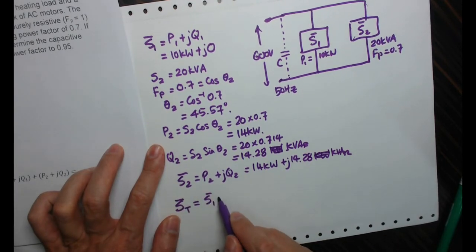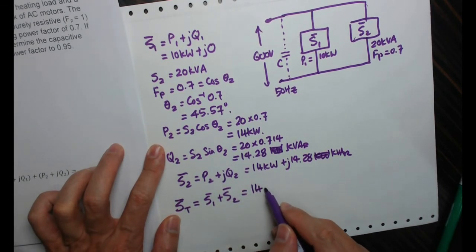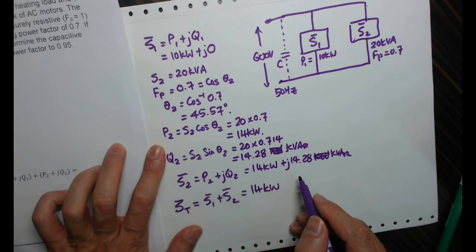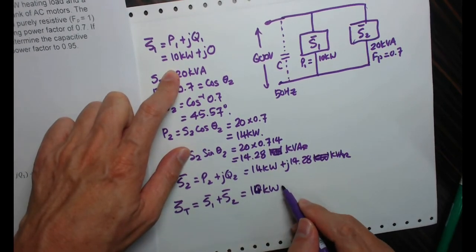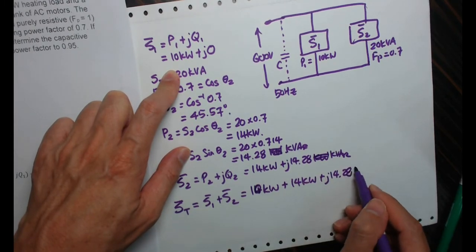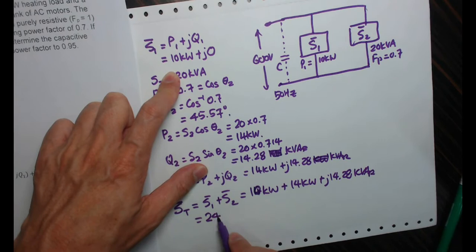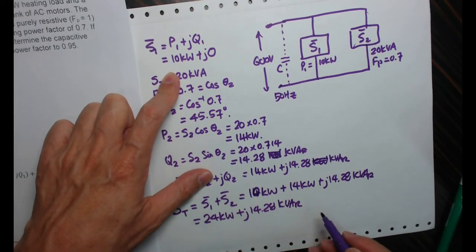So the first thing we need to do is add up the total apparent power, or total power, right? So I have S1 plus S2, which is, sorry, the first one is 10 kilowatt. Now here is 10 kilowatts. 10 kilowatt plus 14 kilowatt plus j14.28 kVAR. That's equals to 24 kilowatt plus j14.28 kVAR.